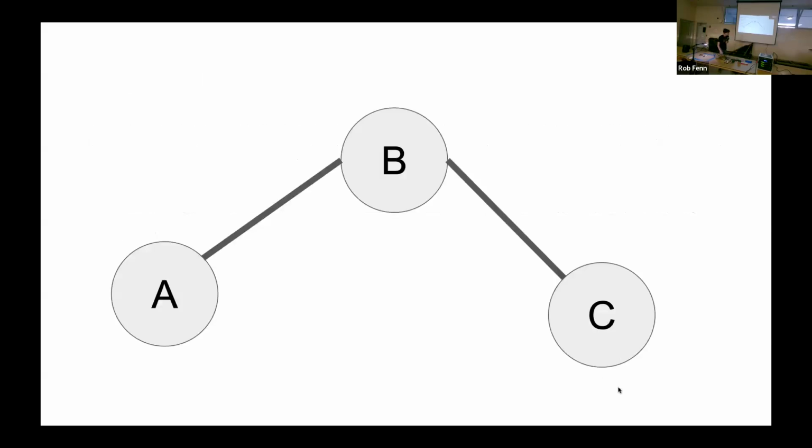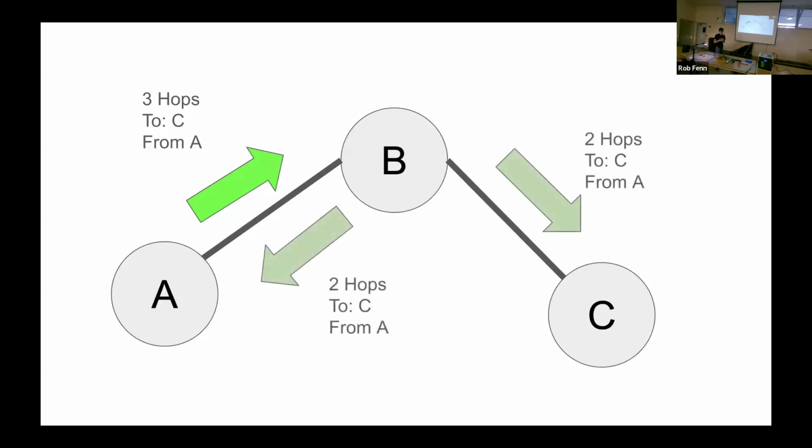So I just have nodes A, B, and C, so I'm going to demonstrate here. Node A sends something, it's trying to send to node C, but let's assume there's a mountain or something, and it only gets to B with 3 hops. Now B resends it to all its neighbors with 1 less hop, so 2 hops, and C in this case receives it.